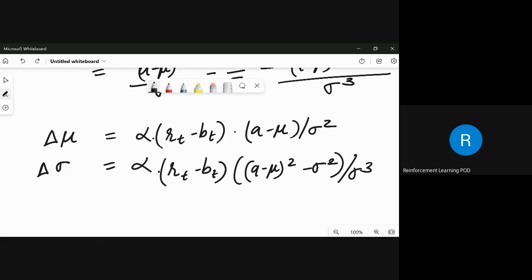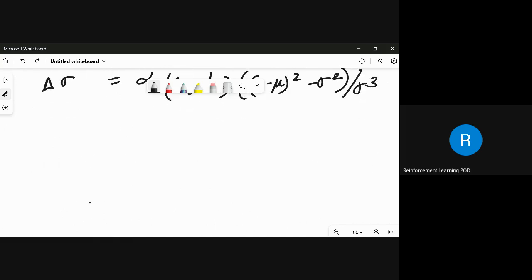Have you heard of the cart pole problem? Cart pole. No?